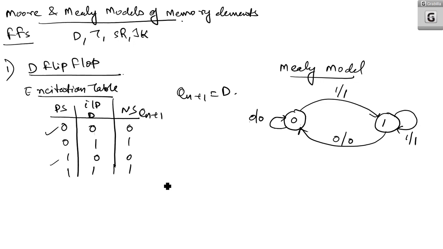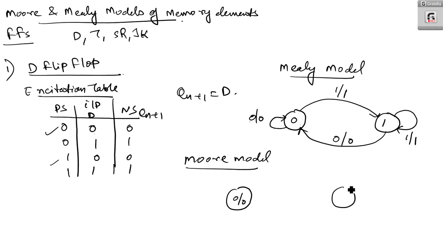Now coming to the Moore model. How would it be? We have two states, 0 with output 0 for D flip-flop, and 1 meaning my input is 1 and my output is 1. Here, at 0, when the input is 0, it will remain in that state itself.